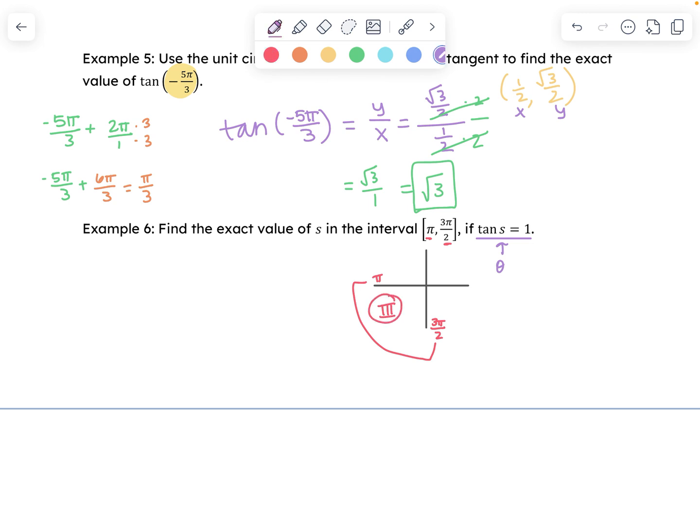Now let's break down that tangent part. If I know the tangent of s is equal to 1, well, remember the tangent is y over x. I know y over x has to equal 1. I don't like having a fraction there, so I'm going to multiply both sides by x, and I get that y equals x. So I know I have to be in quadrant 3, and I know y has to equal x.